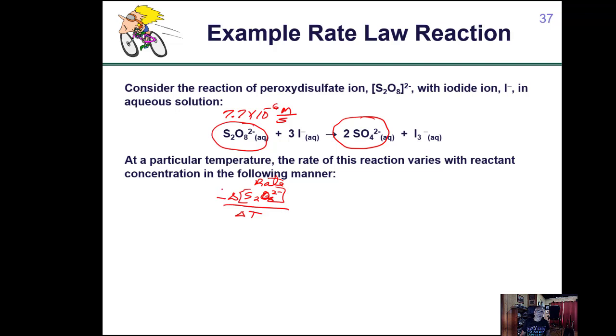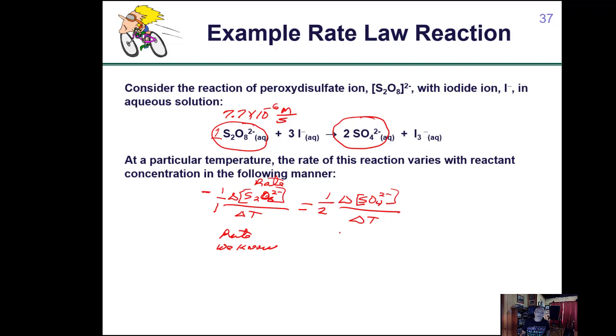This is going to be 1 over 1 because the coefficient of peroxydisulfate is 1. And then over here, we're going to have a positive 1/2 change in concentration of the sulfate 2 minus anion with respect to time.